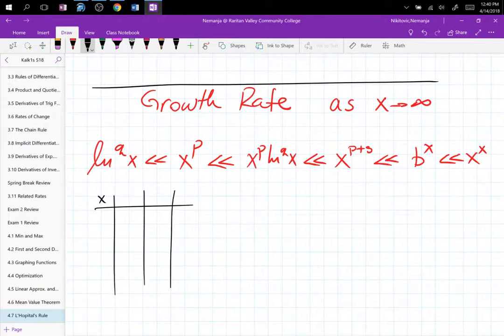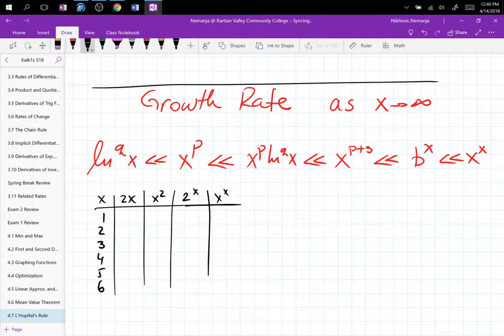If you go x, 2x, x squared, 2 to the x, and x to the x, and you populate this for 1, 2, 3, 4, 5, 6, when you compute the numbers, you will see that these first 3 guys, they're all polynomials. They don't grow as fast. So 2, 4, 6, 8, 10, 12. Then we have squares.